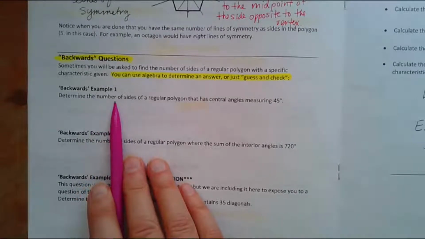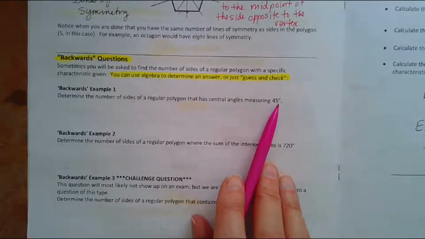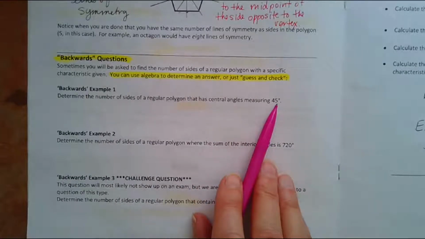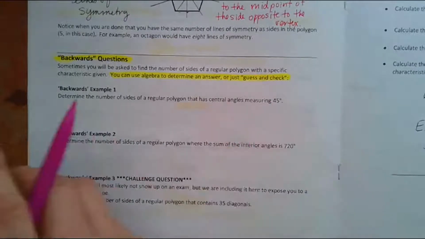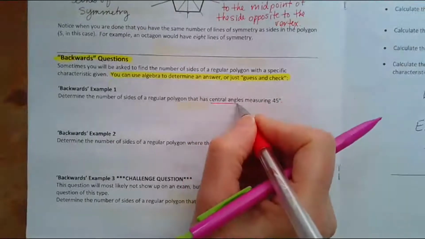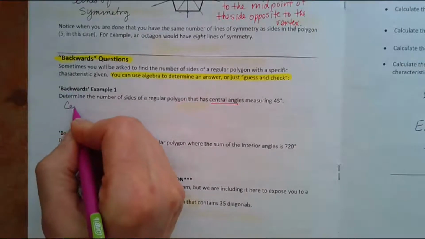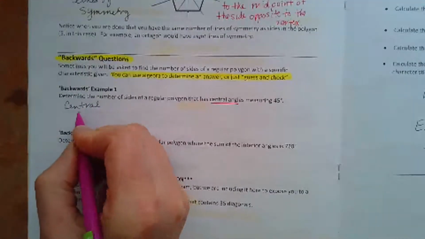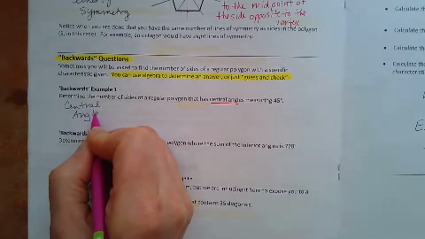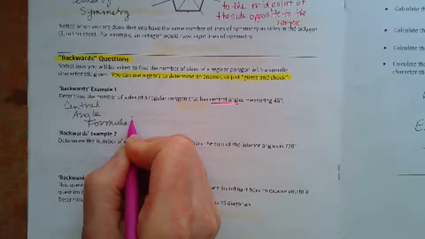Determine the number of sides of a regular polygon that has central angles measuring 45 degrees. Well, if it gives you the word central angle, you know you're using the central angle formula, right? So the central angle formula, that's your starting point. First thing I would do is think about that.